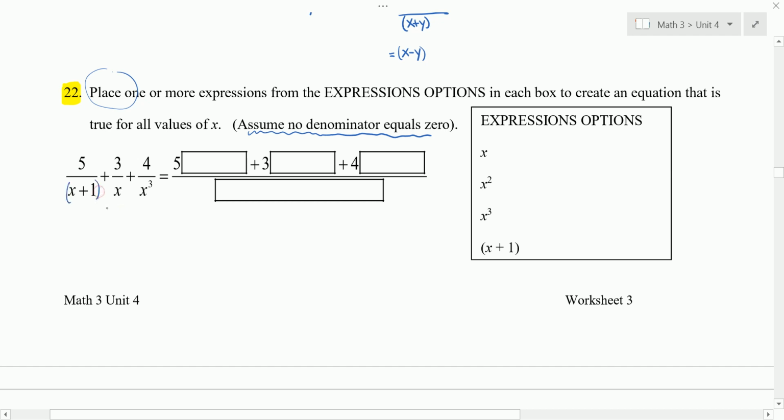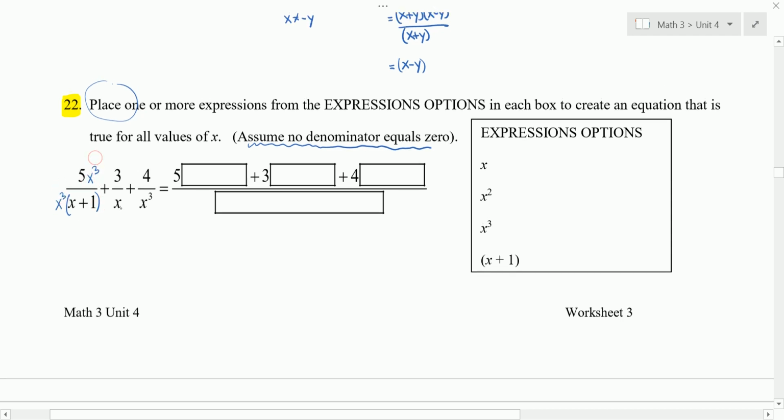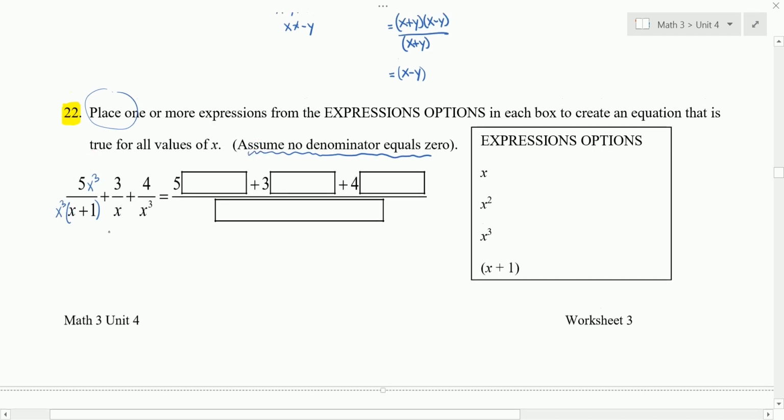So the first fraction, we're going to need x cubed. The second fraction, we're going to need an additional x squared and an x plus 1, because x times x squared gives us the x cubed part, so 3 times x squared, x plus 1. And the last fraction is going to need the x plus 1.